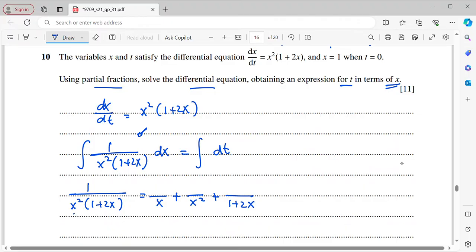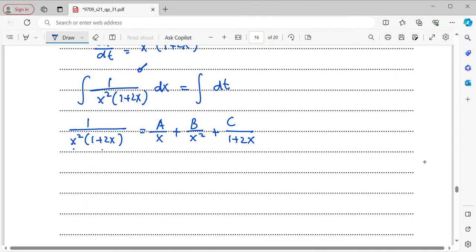And since all these are considered as linear factors, the first one is repeated but it is linear. Okay, so I will write A, B, C, all the constants for the numerator. And now you compare with the left hand side. So here I will get A over x. So when you compare to the left hand side, instead of x, I need x squared. So it means that I need to times with x together with the 1 plus 2x.